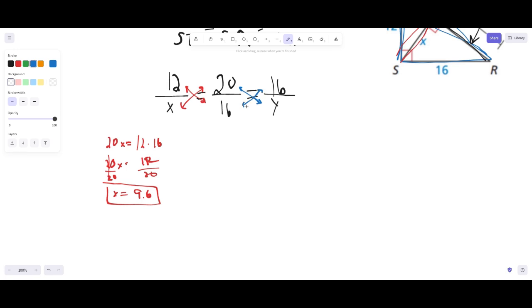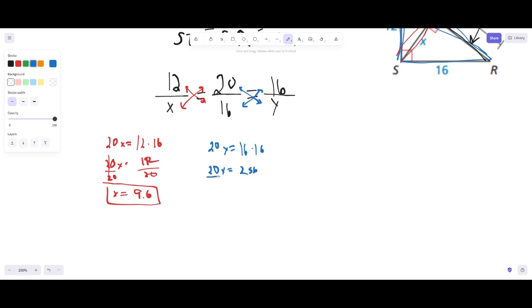When we do that, you're going to get 20y, which equals 16 times 16. So 20y is going to equal 16 times 16, which is 256.